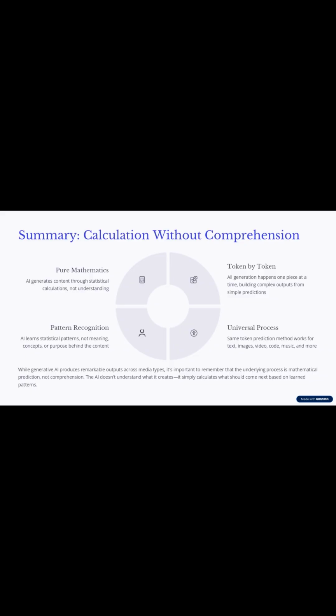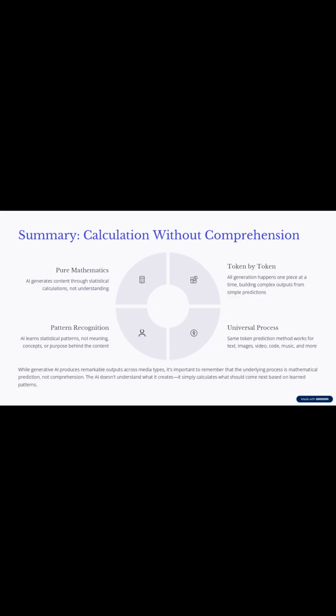Summary: calculation without comprehension. Pure mathematics: AI generates content through statistical calculations, not understanding. Token by token: all generation happens one piece at a time, building complex outputs from simple predictions. Universal process: the same token prediction method works for text, images, video, code, music, and more.